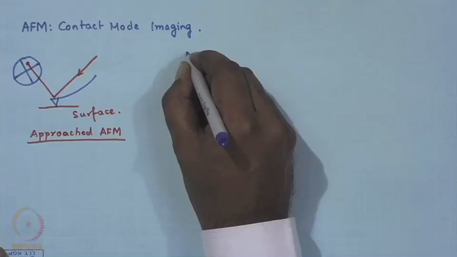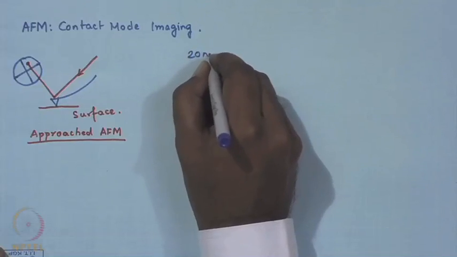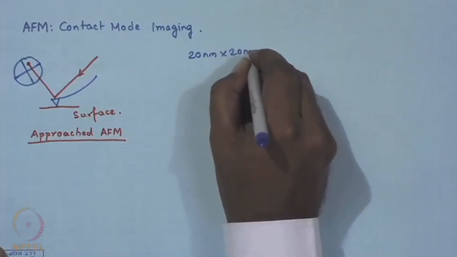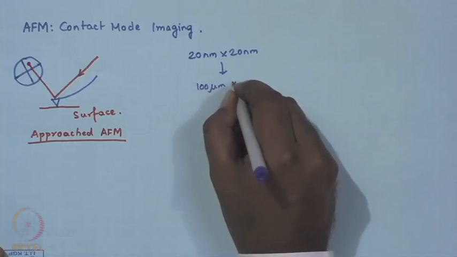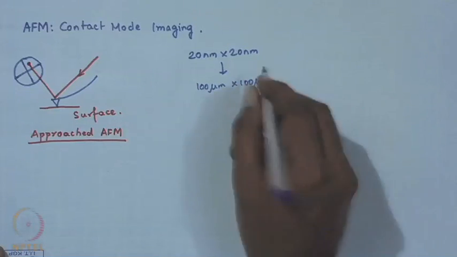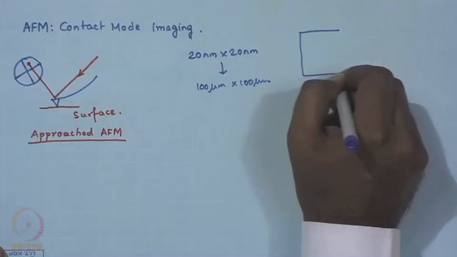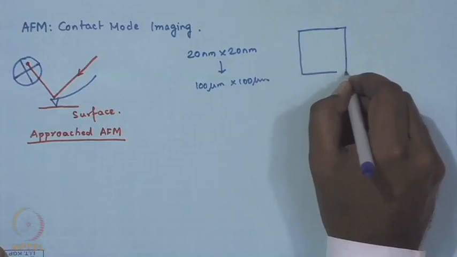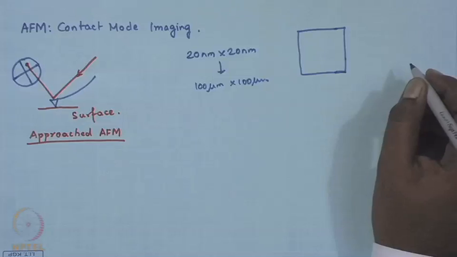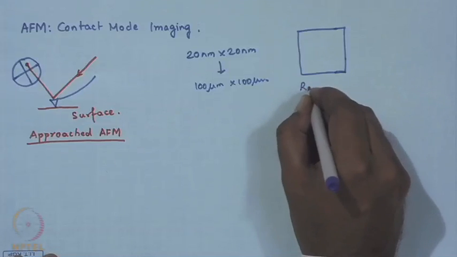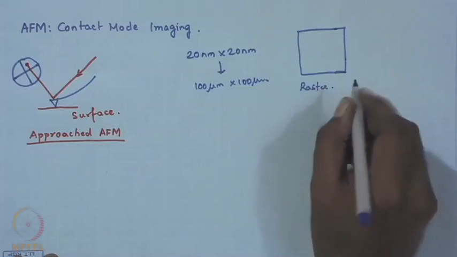So, it can be as low as 20 nanometer cross 20 nanometer to 100 micron cross 100 micron. Typically, in commercial AFMs it is a square zone, but there are instruments which allow you to scan over rectangular zones also, and then it does a raster scan. So, what is this raster scan?